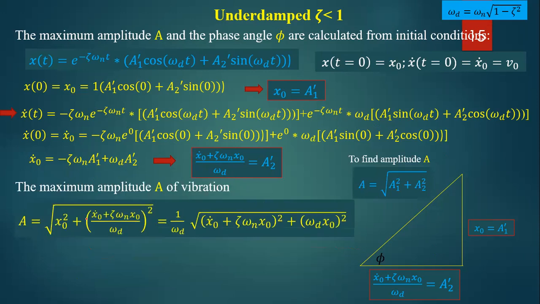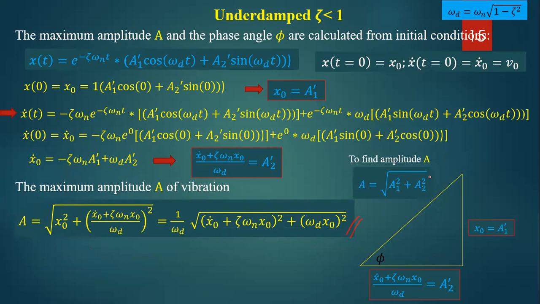Now A, the maximum amplitude, is equal to the square root of A1 prime square plus A2 prime square, which gives us this equation. After simplification, we get the maximum amplitude of vibration A as this equation.